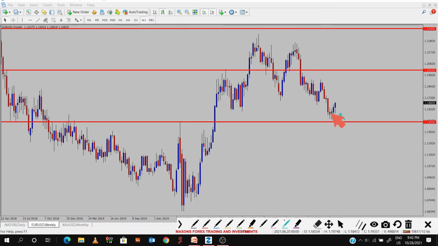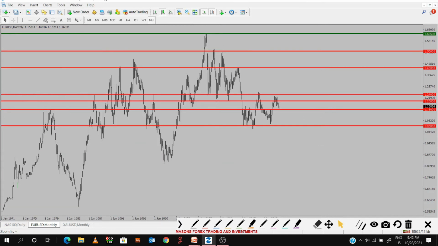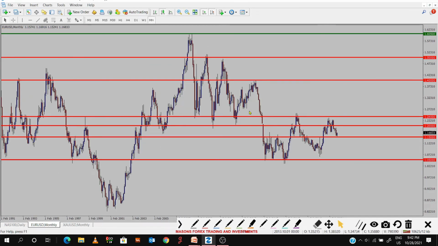So this actually could have been an entry. You could have placed a stop loss, 1 ATR, and entered at the close of this candle, E for entry, with a target of 1.20000. This is how we use the candlesticks with the specific or critical levels.